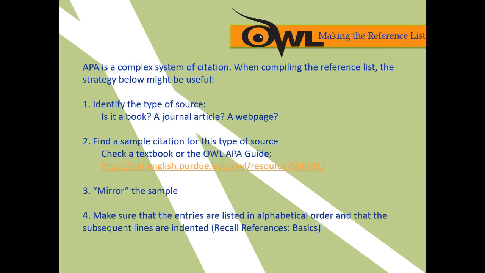The Purdue OWL site is going to have that for you. I am not a fan of APA style. It just seems like crazy and a little bit OCD, but it is what we in psychology use in papers.